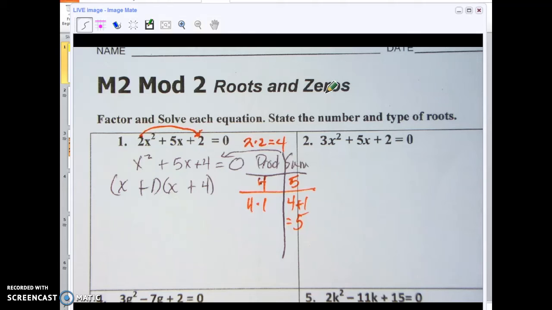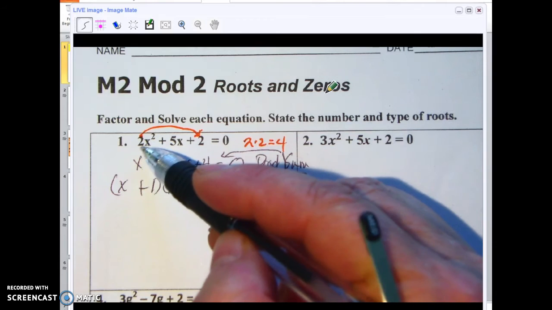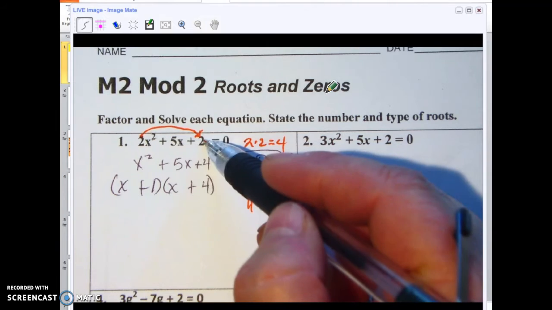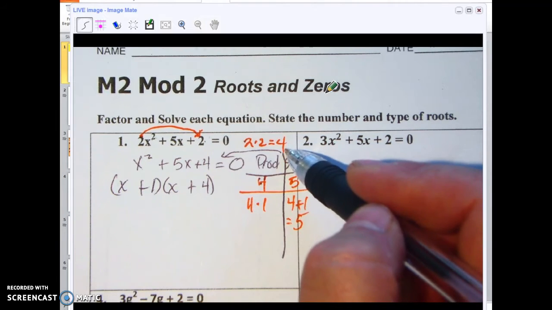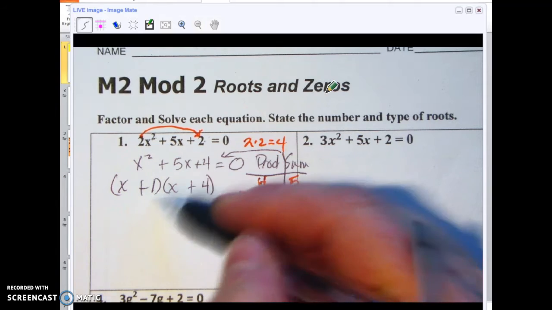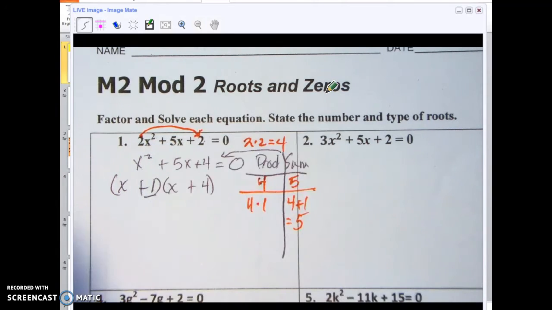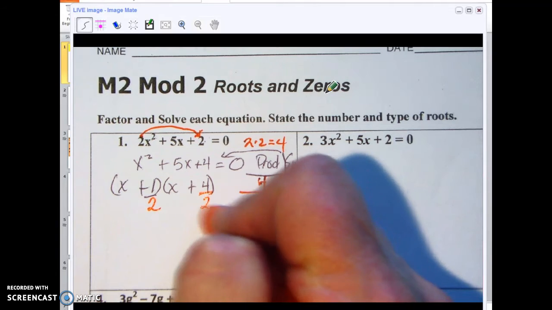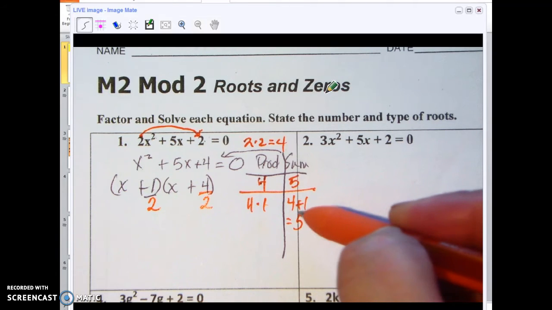Remember, this is the slip and slide method. We started out with a 2 over here. So I did my slip when I did the multiplication of the 2 times 2. Now I'm going to do my slide by putting that 2 right back over here. I'm sliding it in under this 1 and under the 4, the 2 numbers that I came up with as my factors.